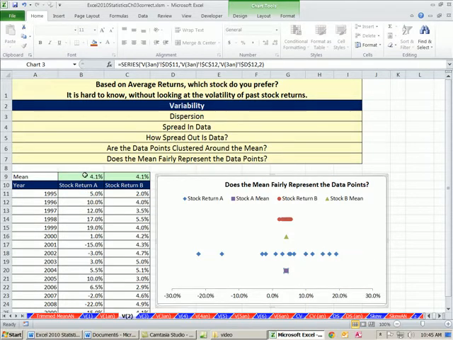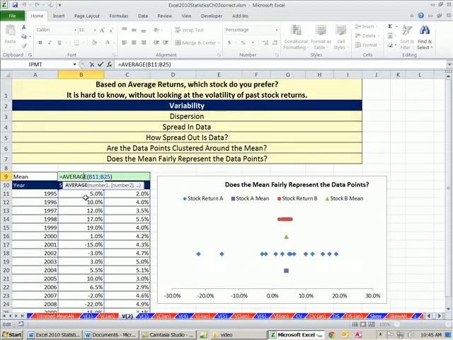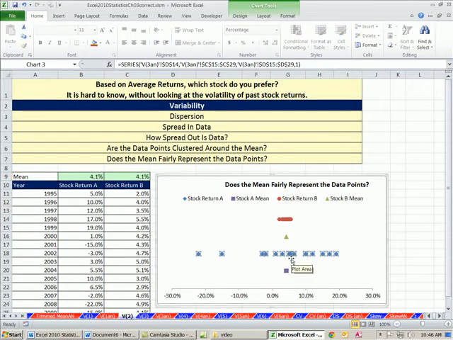Well, think about mean. What did we do with mean? We actually used all the numbers. We added them all up and divided by the count. That gave us the average return, right? Well, what if we could do the same thing with dispersion or variability here?